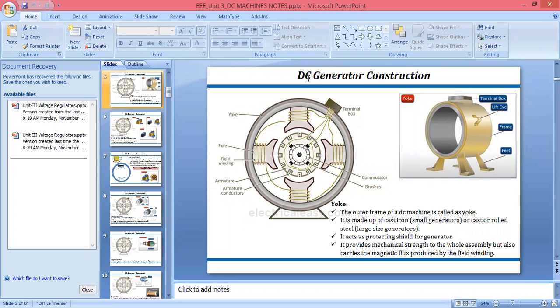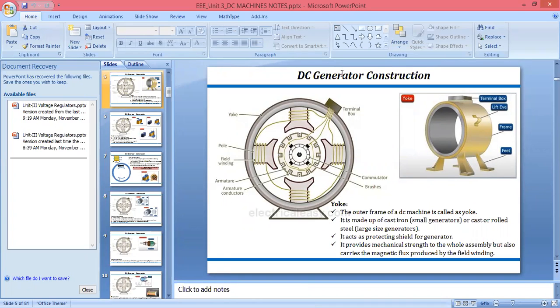I have given here the name DC generator constructions, but you can draw the same diagram for the DC motor because both have the same constructions, only working is different. Both are called an electromechanical energy converter, but the DC generator will convert mechanical into electrical, and the DC motor will convert electrical energy into mechanical.